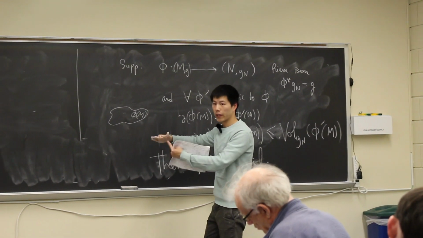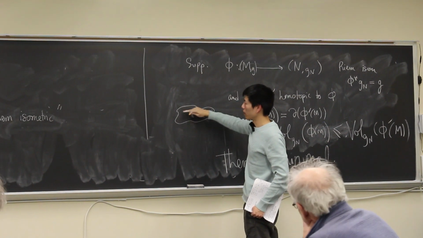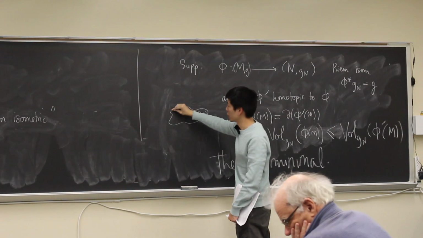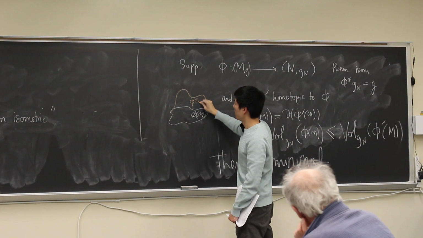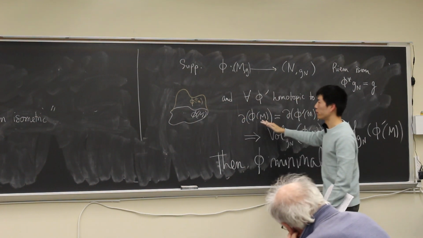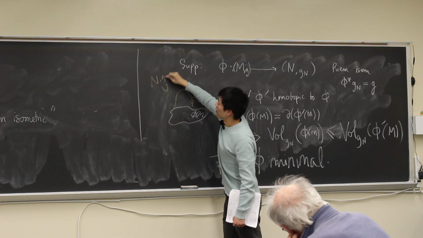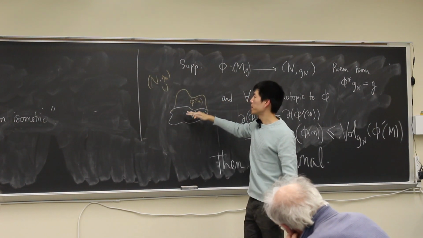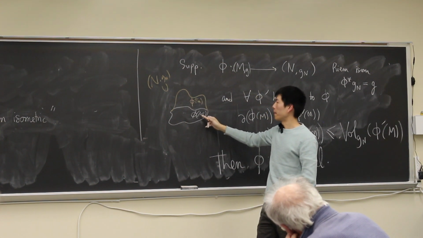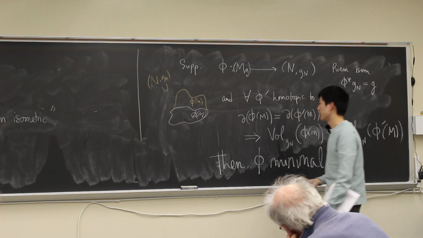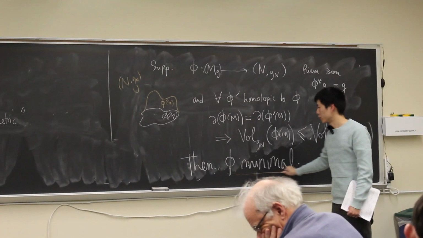You isometrically embed M. And let's assume that whenever you deform phi continuously, but still preserving this boundary condition, you get another embedding of M. This is phi prime of M. And we're assuming that for any such phi prime, the volume inside N, the ambient space, of this phi prime M is larger or equal than the volume of M. So if that is true, then phi is by definition minimal.